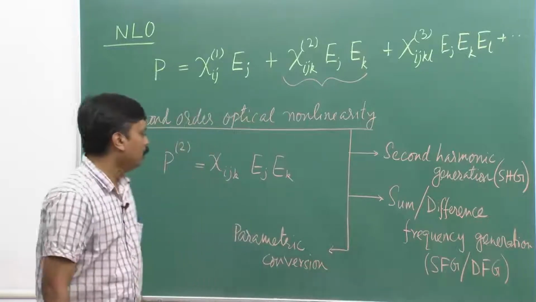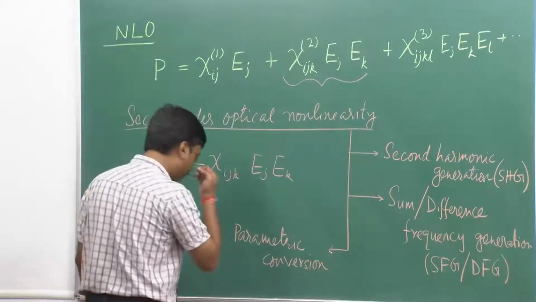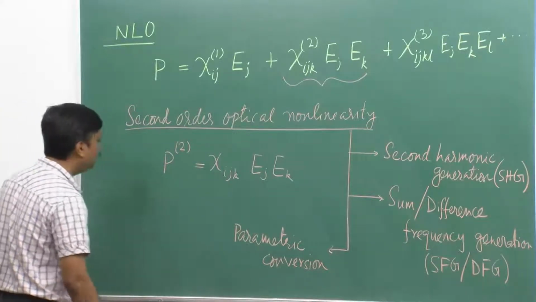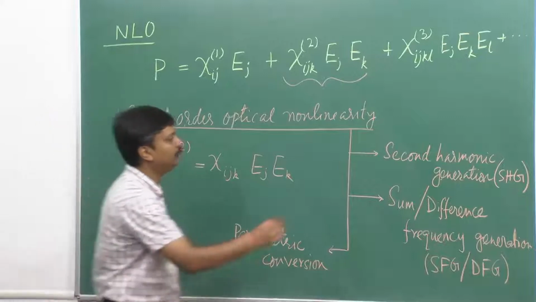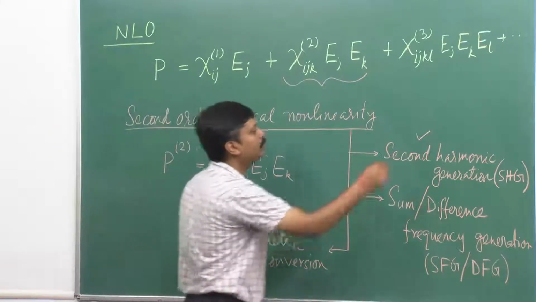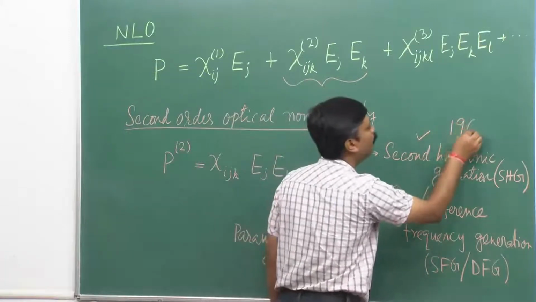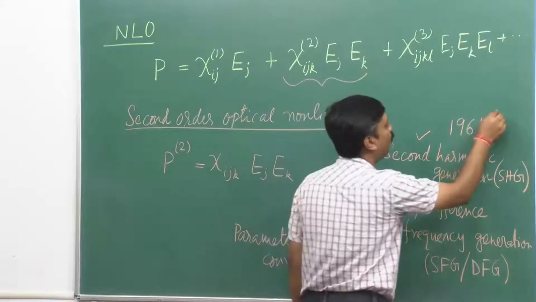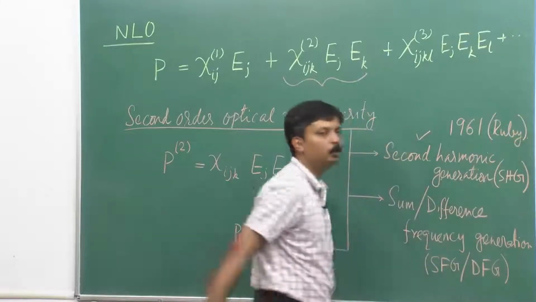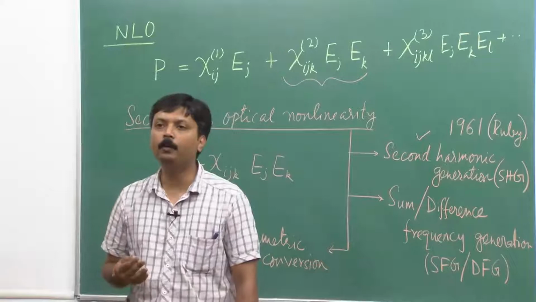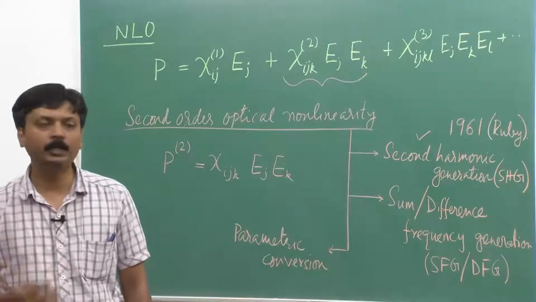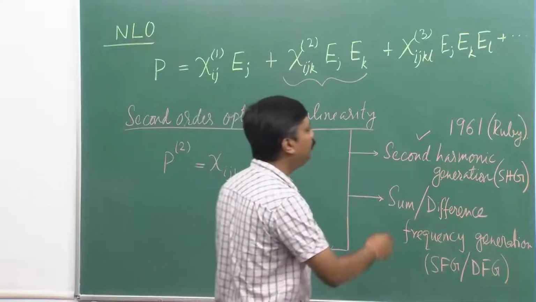Now I will just mention here that the first process, second harmonic generation, was first observed in the year 1961, and it was done on a ruby laser. The ruby laser has a fundamental wavelength of 694.3 nanometer, and the second harmonic will be half of that.